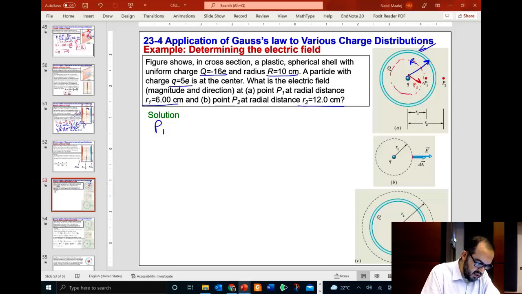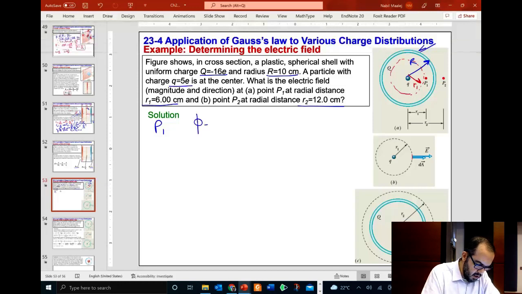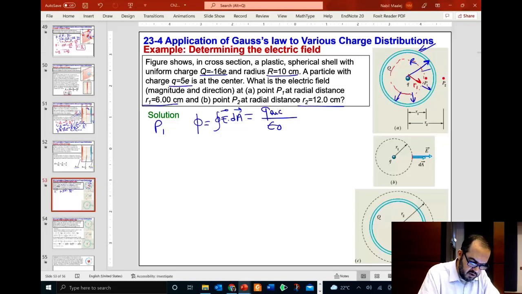Gauss's law says the flux, the integral of E dotted with dA, is equal to the charge enclosed divided by epsilon 0. Since this is a symmetric situation, and this is 5E, a positive charge, the electric field is always pointing away from the positive charge here.